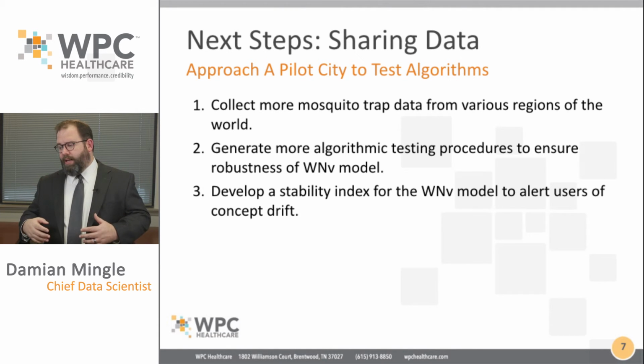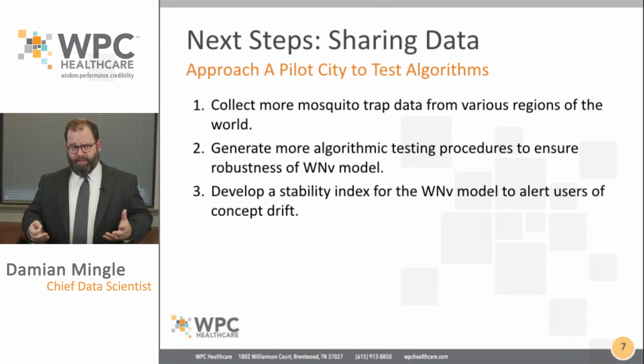We would be interested in having more mosquito trap data from various regions around the world. We'd also like to be able to test more generally the algorithmic makeup of these testing procedures, so that we can ensure robustness of the West Nile virus model.